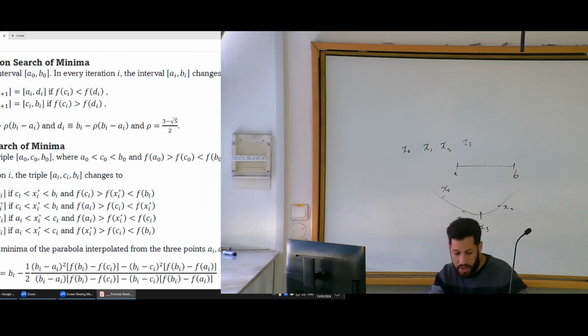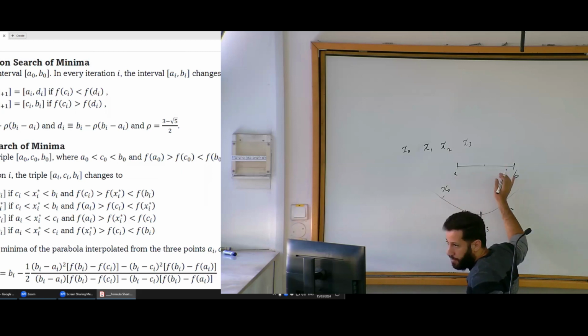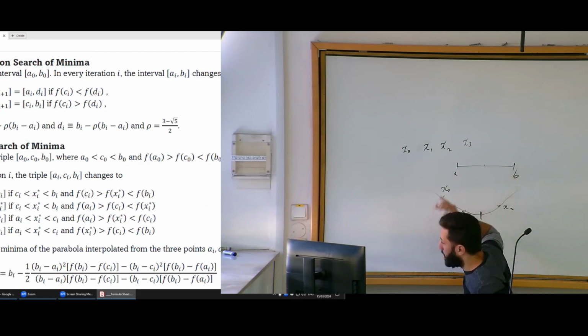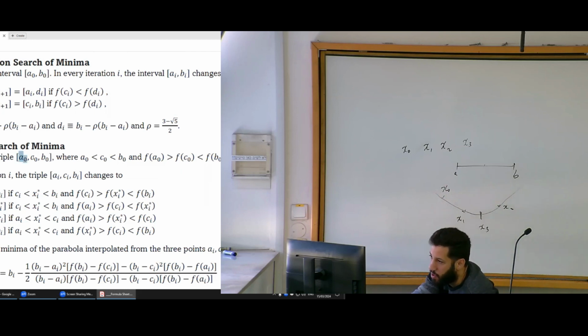So in each step I have AI, BI, and XI. In the first step I have A0, C0, B0.